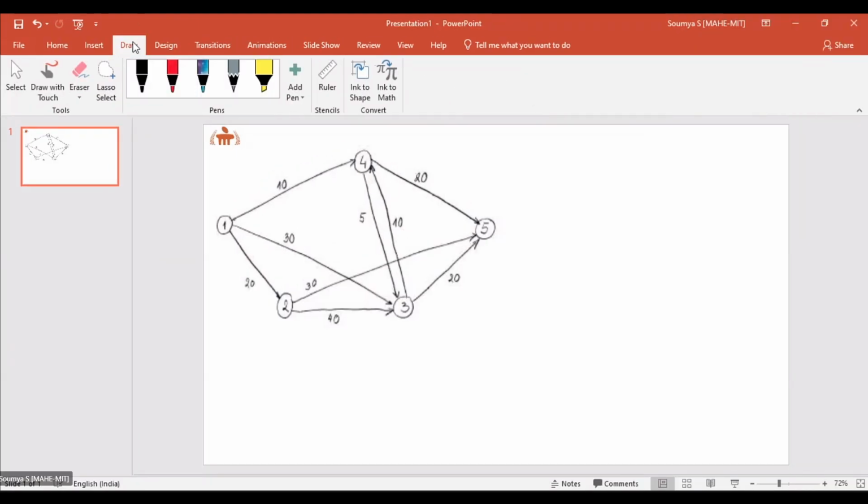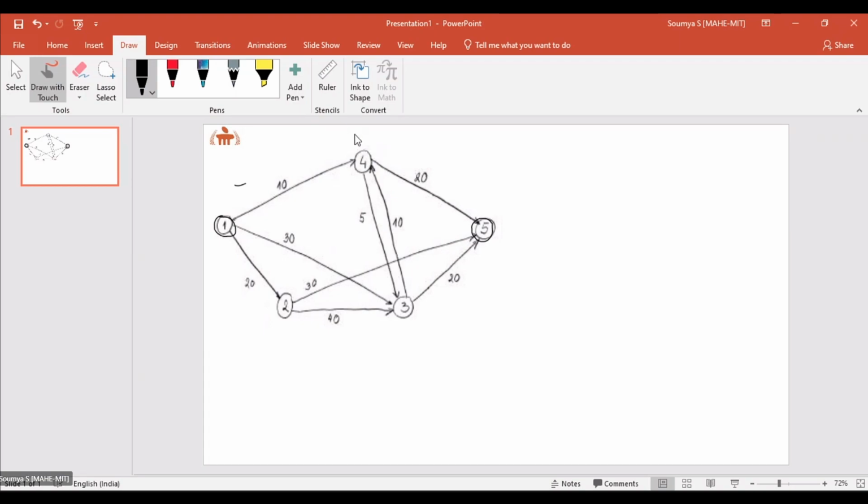All right. So now I want to travel from node 1 to node 5. What is it that we do? We do not know the distances to all the other nodes.